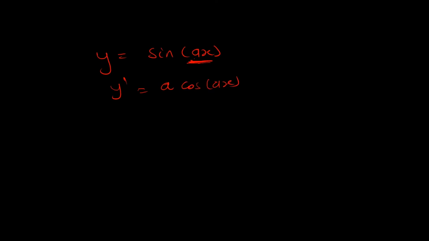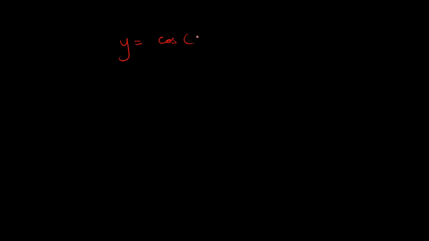Let's take another example. When we have maybe y equals cos of ax squared plus bx plus c, where a, b, and c are constants, you have to take the derivative of y with respect to x. Like I said, all that you have to do is to first differentiate the angle. Here the angle is a function of x, that's ax squared plus bx plus c.